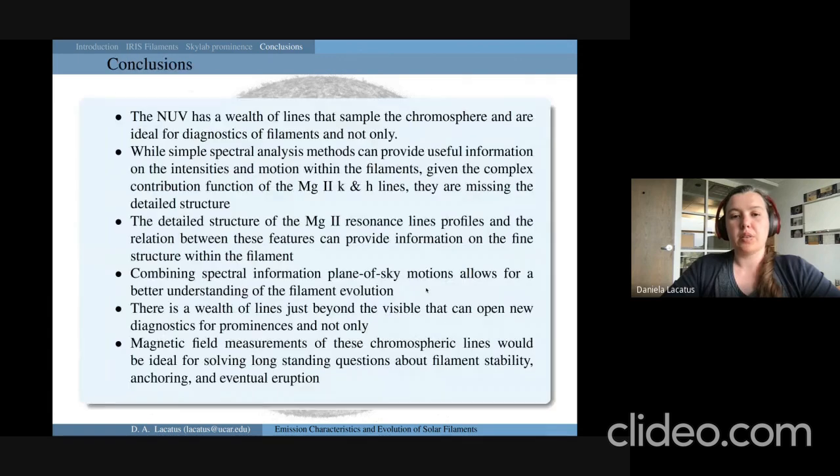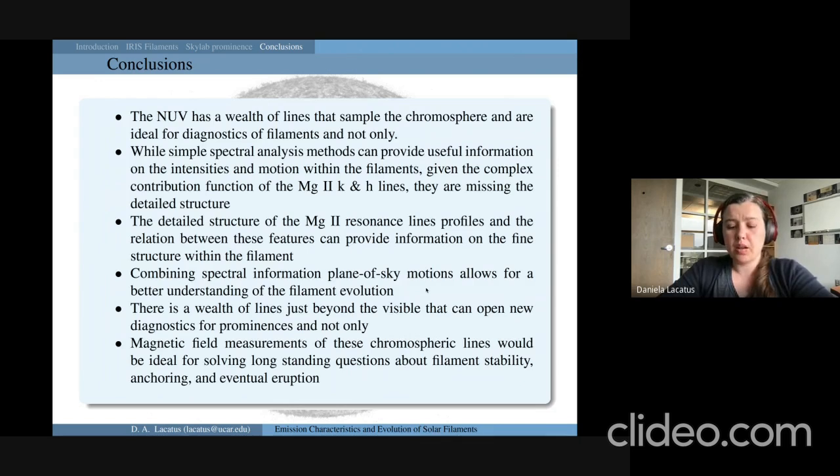And overall, the ultraviolet has a wealth of lines that could sample a variety of chromospheric heights, and can prove to be a very good diagnostic for filaments, but not only. Simple analysis can reveal some properties of the plasma, but going to the detailed structures of the profile can reveal flows and substructure within the prominence or filament.